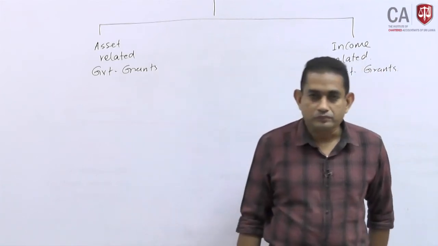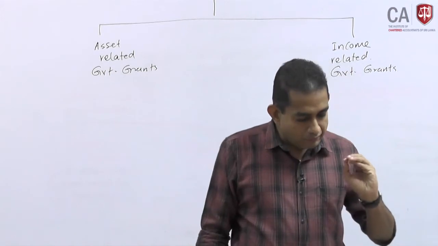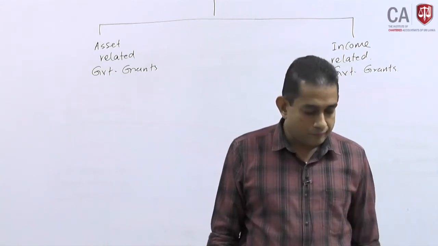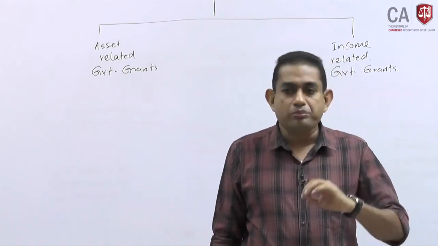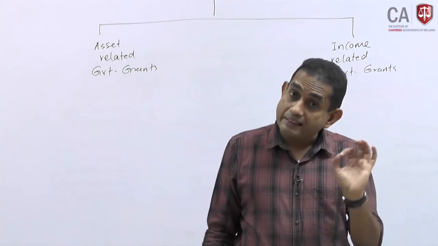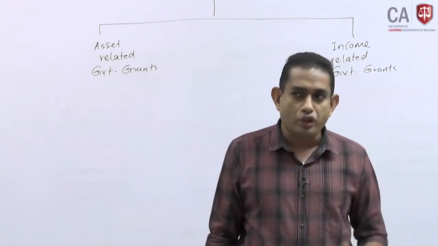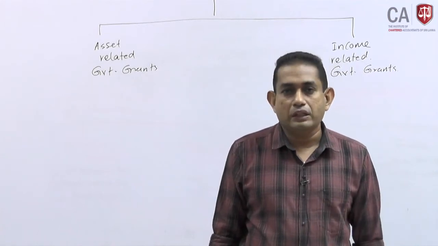Right. Now, for government assistance, there are certain criteria. For the government assistance to be a government grant, there is a condition. So, the criteria and the condition should not be mixed up. If you do it, the entire accounting will be messed up.